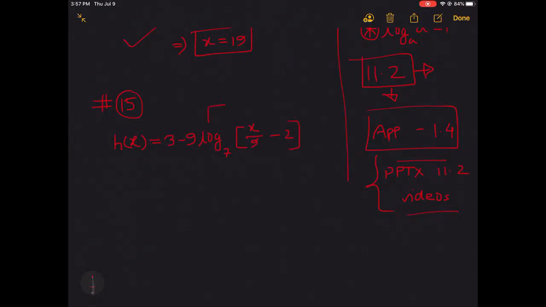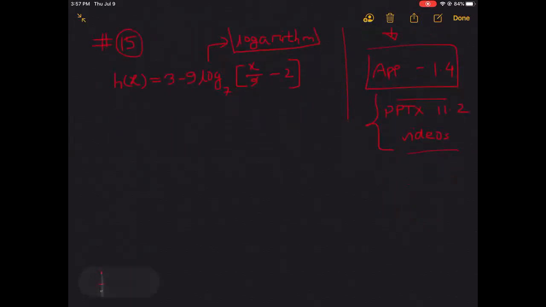Obviously, that's a logarithmic function, right? And again, I'll take answers from you first. What should you do when we have a logarithm in our hands? How to calculate the domain? What's the general idea? Anyone? What's the general idea?